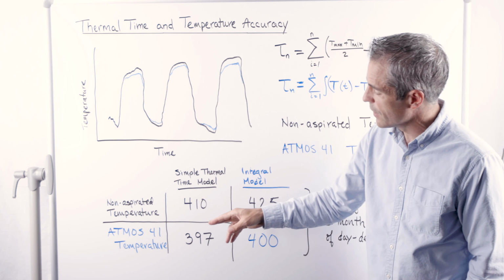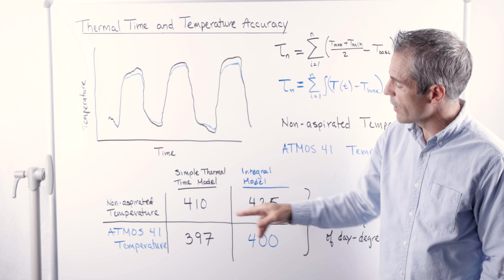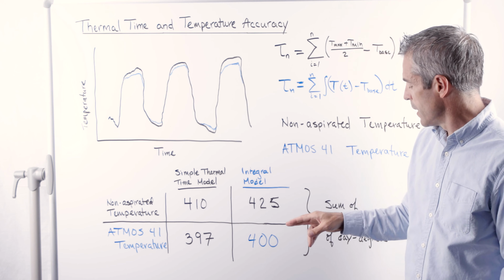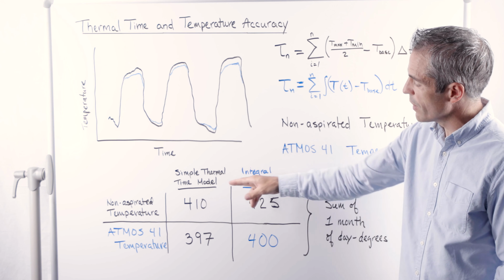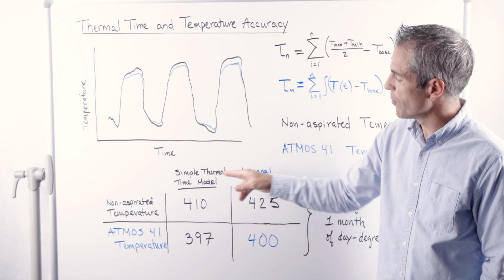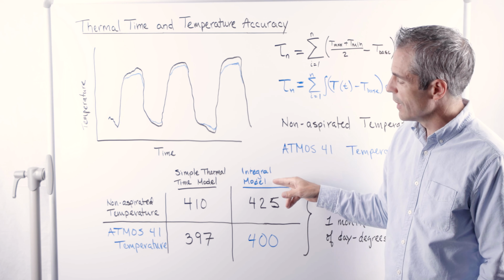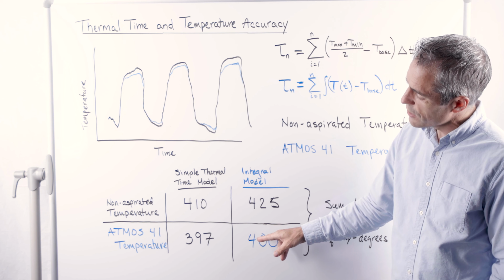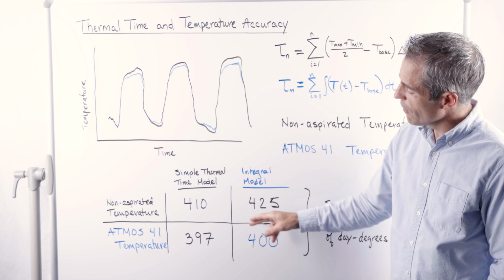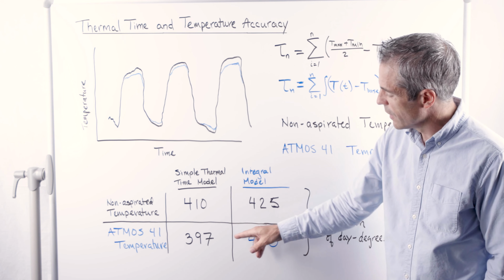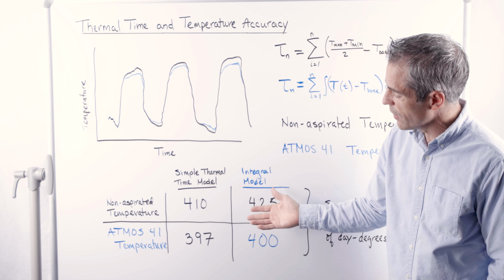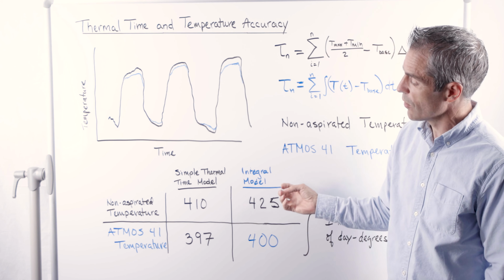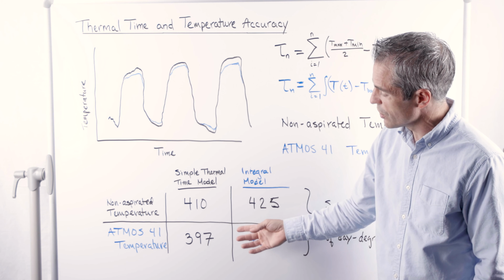So the non-aspirated temperature sensor, we got 410 day degrees here and 425 day degrees here. So there was a difference between the thermal time model and the integral model. But when we went to the more accurate temperature measurement here, what we found was that not only was it different from the non-aspirated, which we expected, not as much as I thought it would be, but there was a large difference.